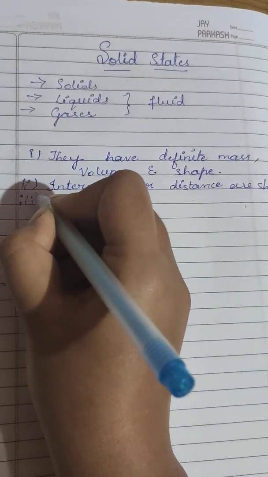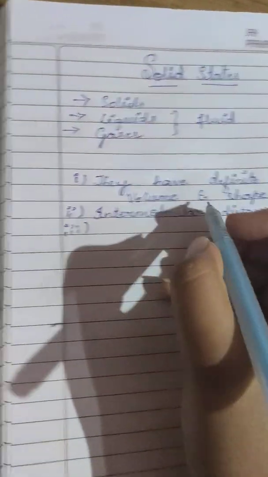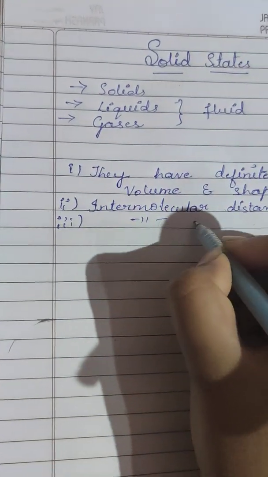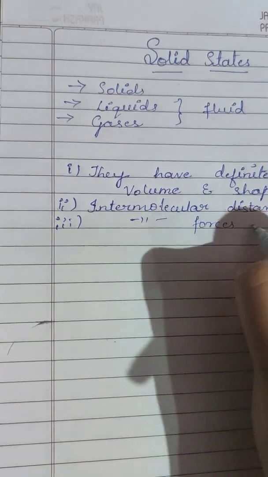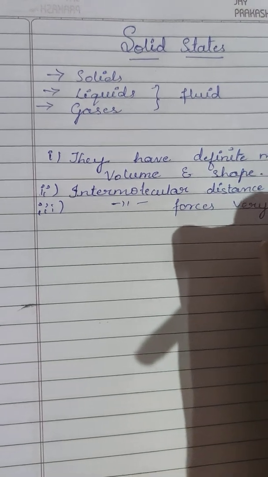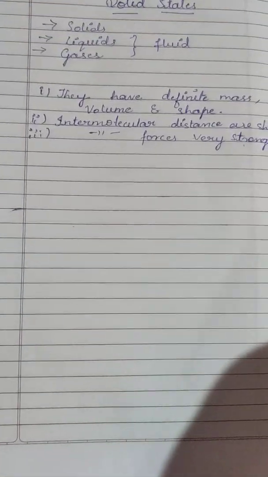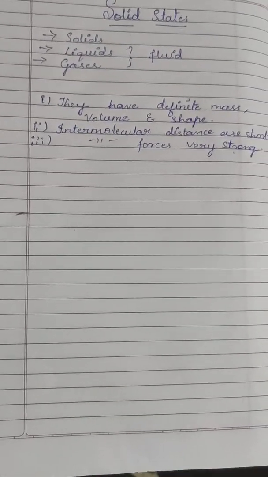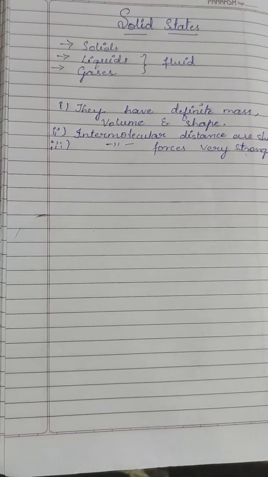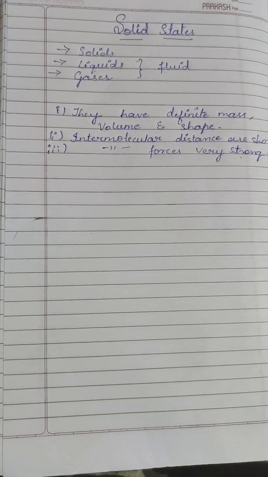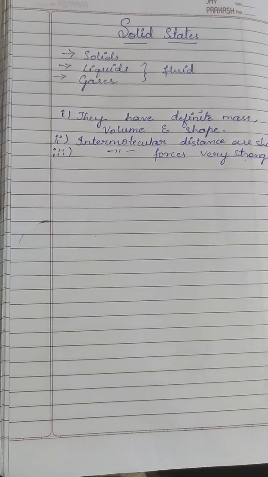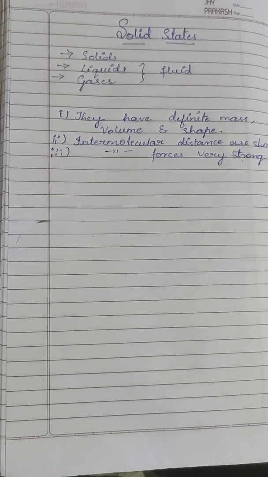And the intermolecular forces are very strong. Intermolecular forces are nothing but the forces between the particles present. Solids are very rigid and incompressible, and this was all about the general characteristics of the solid states.